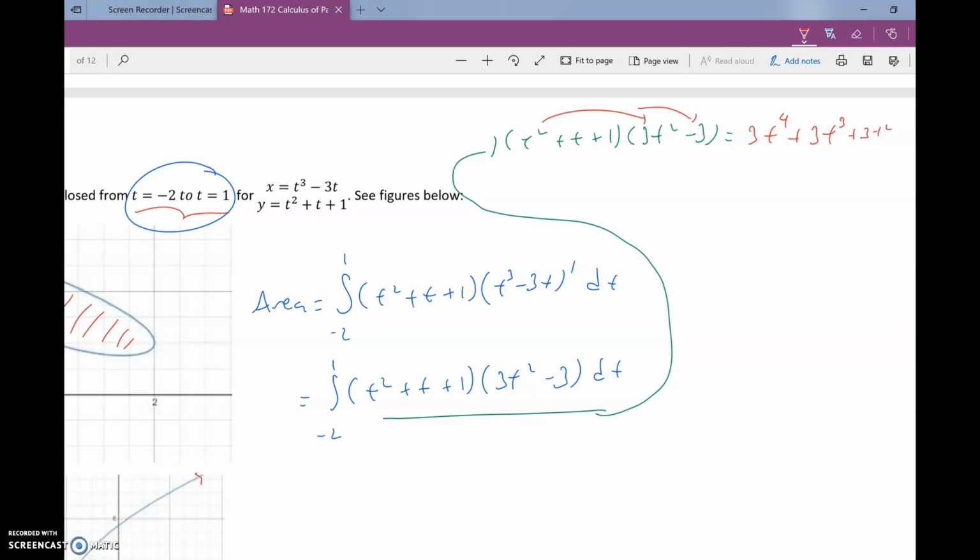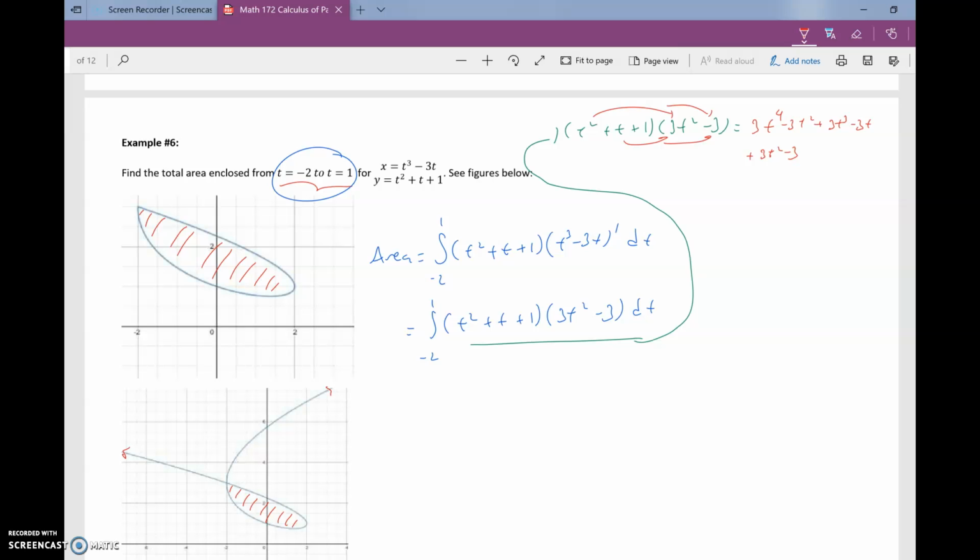Oh shoot, hold on, I'm going out of order here. Then I'm going to multiply the t times those two, so it'll be plus 3t cubed minus 3t, and then technically plus 3t squared minus 3.